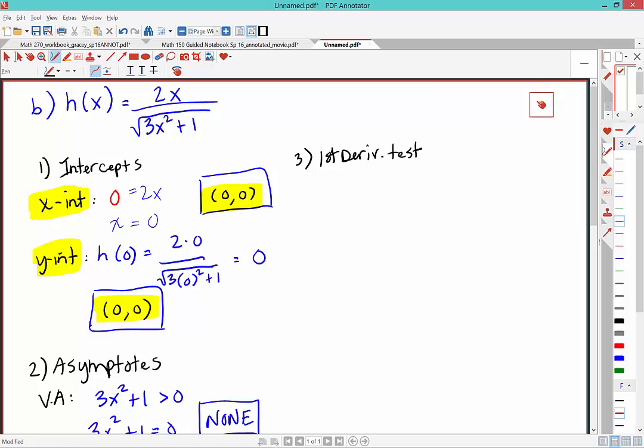So we're going to find the critical numbers. So we need to find h prime of x. So we'll get 2 times root 3x squared plus 1 minus 2x times the inside derivative, which is going to be 6x.